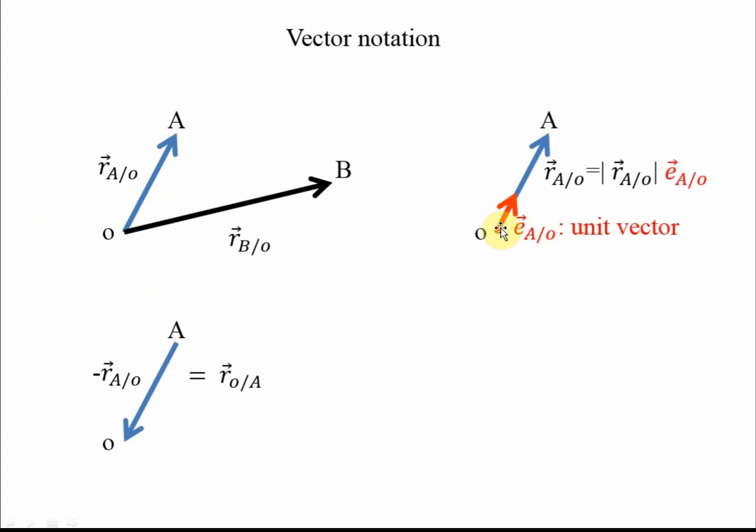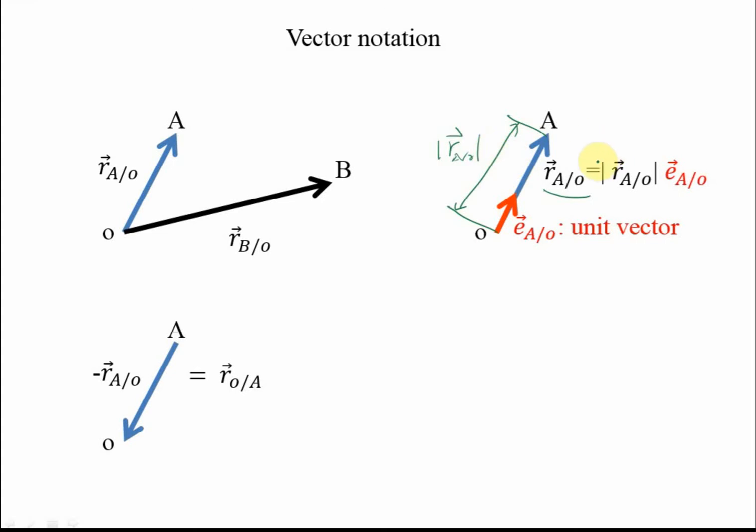So on the right side here, the unit vector has magnitude 1. That's why your original R vector can be represented by its own magnitude, from here to here, which is the magnitude of the total vector.